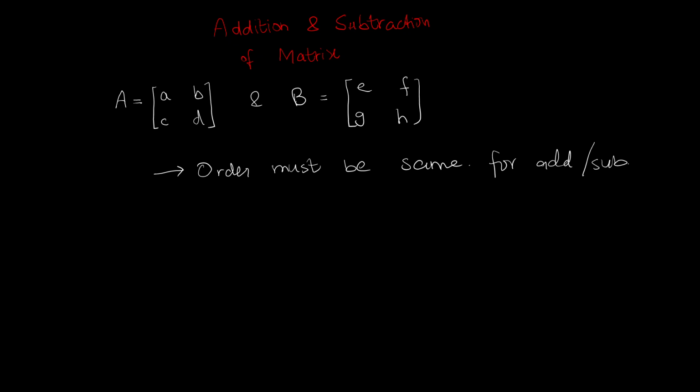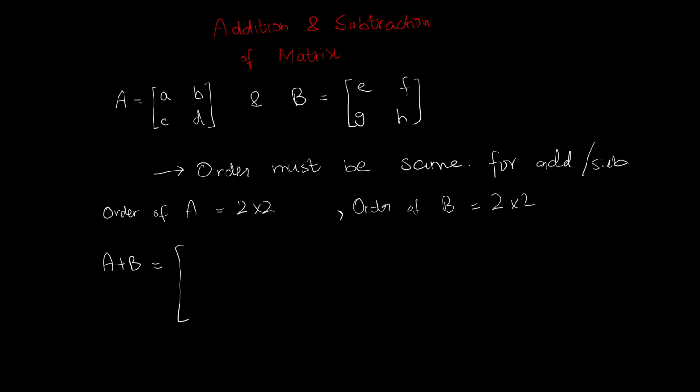Alright, so in our case, A is 2 by 2, so they both are the same. That means we can add them. Now addition is quite simple. Just take the elements and add them together. So the first row, first column element of A to the first row, first column element of B, and the same for other elements as well.